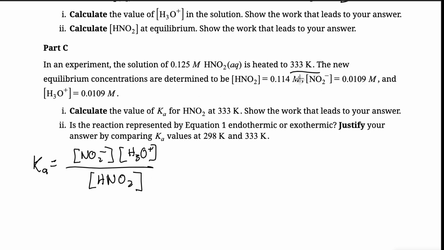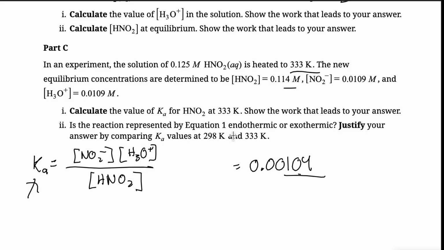And then they give us our 3 equilibrium values. So if we plug these 3 into this expression, we should get a new Ka value for 333 Kelvin. Plugging that into my calculator, I got 0.00104. And it's unitless, keeping 3 sig figs because it gave me everything in 3 sig figs.